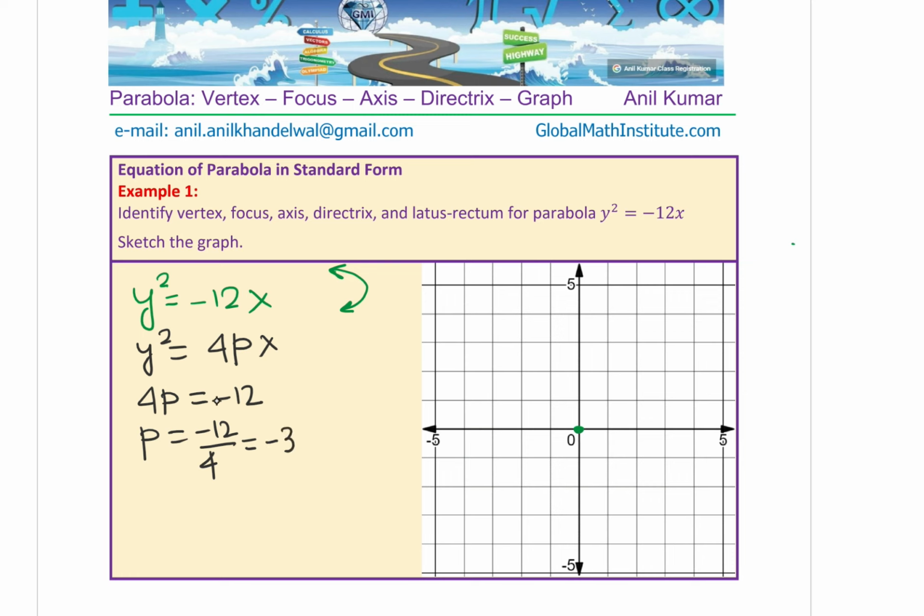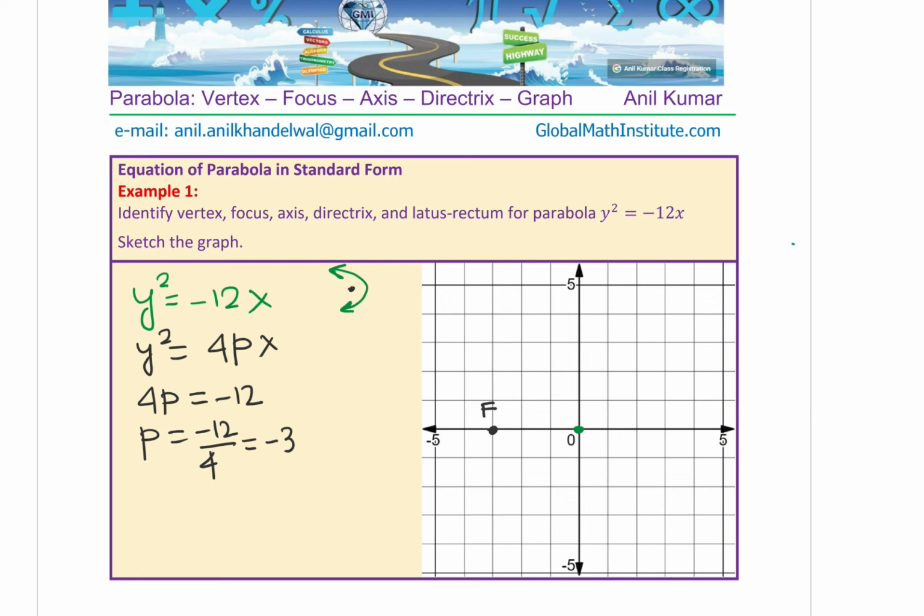Now, since p is minus 3, and in this case it is opening towards left, we have a focus point which will be at minus 3. So from 0, 1, 2, and 3. So that gives you the focus F. You get the idea. So we have the focus. Now directrix will be on a line same distance away.